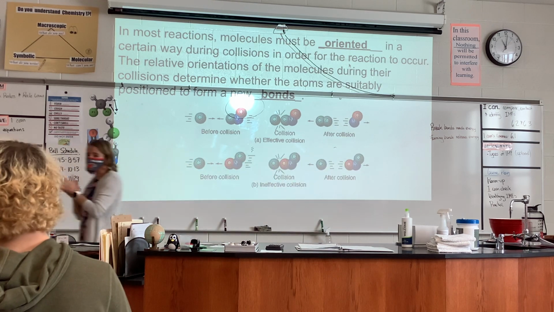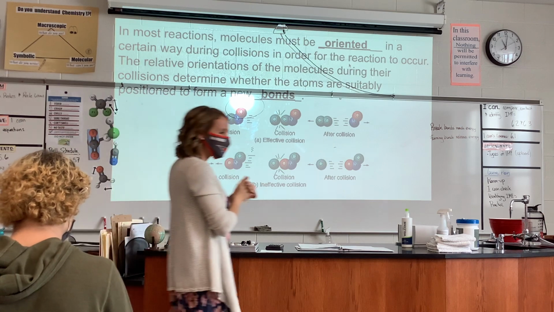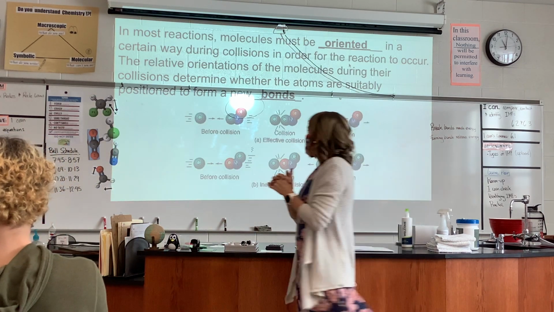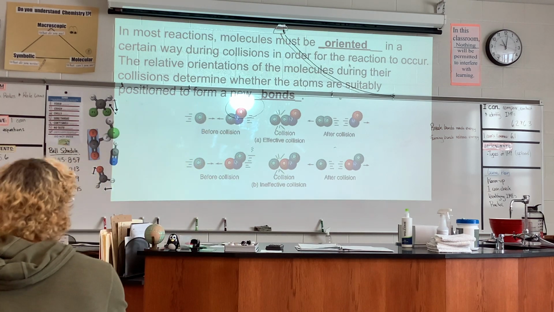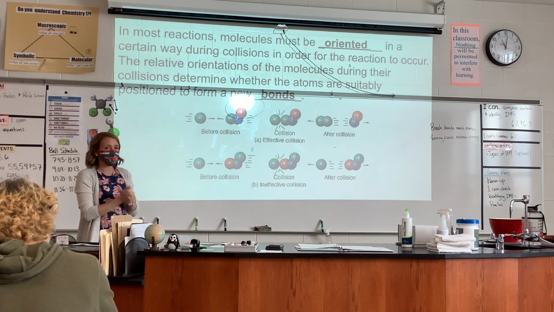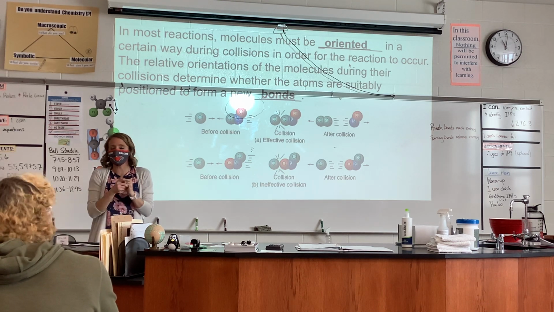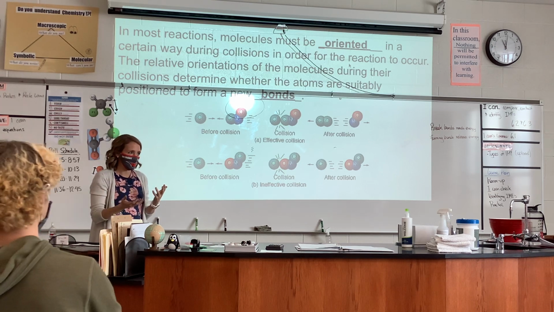Okay, let's look a little bit more at these different types of collision reactions and what's going on. We talked about last time that the molecules have to be oriented the perfect way in order for the reaction to occur. This is why, once again, the majority of collisions that happen, nothing happens.